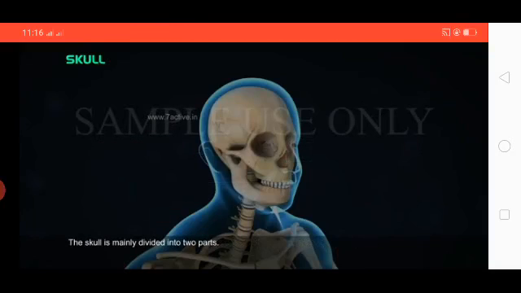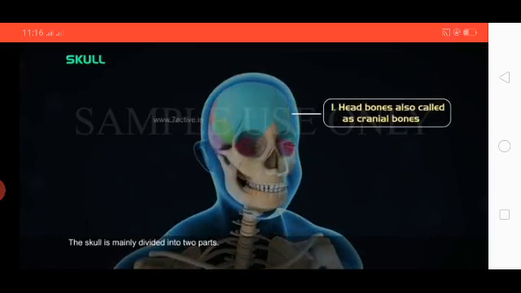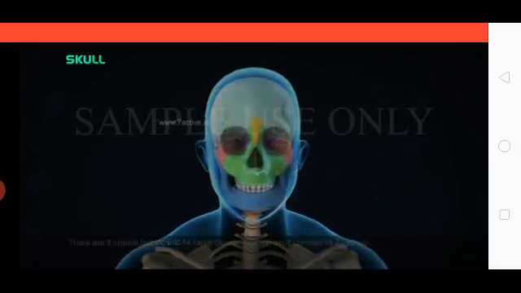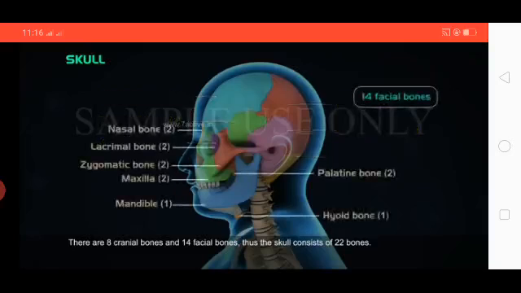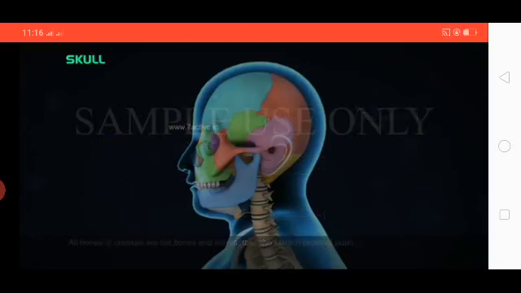The skull is mainly divided into two parts. 1. Head bones, also called cranial bones. 2. Facial bones. There are 8 cranial bones and 14 facial bones. Thus, the skull consists of 22 bones.